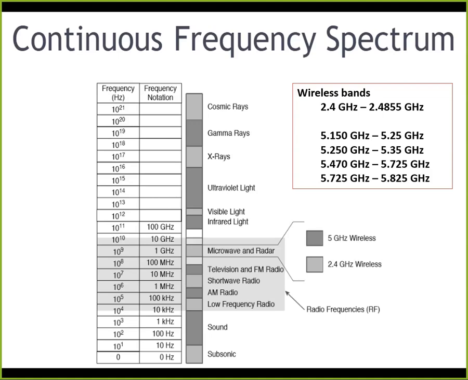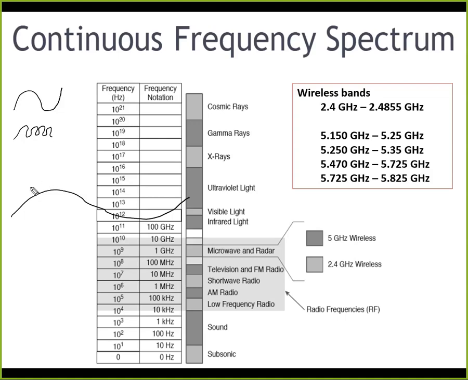When we're putting data on these signals, if I have something like this, I can put more data on it because I have more changes per second. If I have something like this, I can't put a whole lot of data on it. So basically they send the submarine a signal in the extremely low frequency, and then it goes on a different frequency and different antenna in order to communicate.